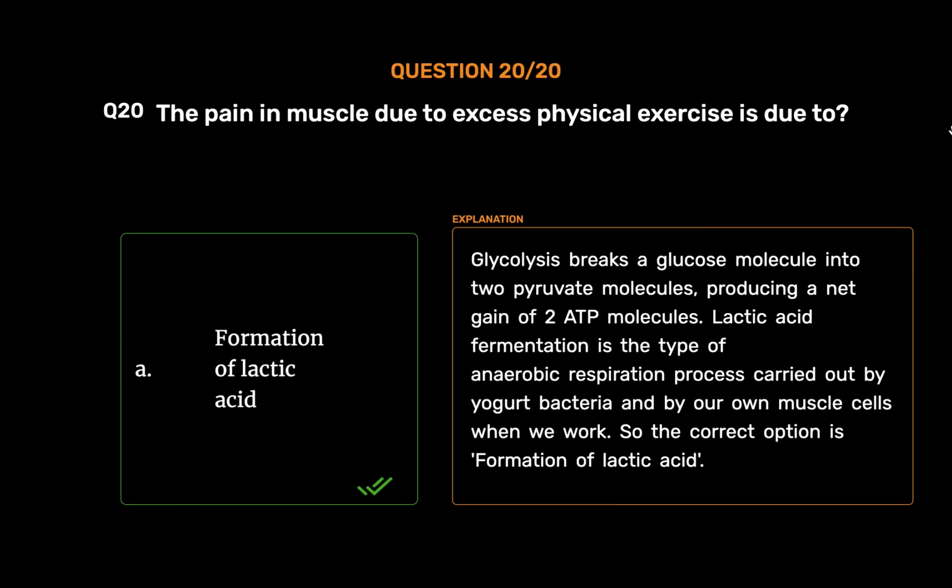Glycolysis breaks a glucose molecule into two pyruvate molecules, producing a net gain of 2 ATP molecules. Lactic acid fermentation is the type of anaerobic respiration process carried out by yogurt bacteria and by our own muscle cells when we work. So the correct option is formation of lactic acid.